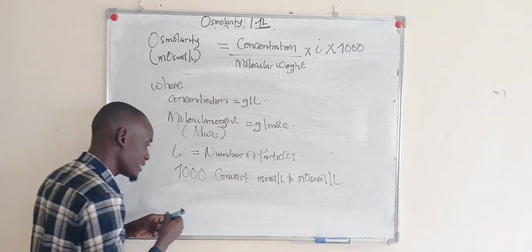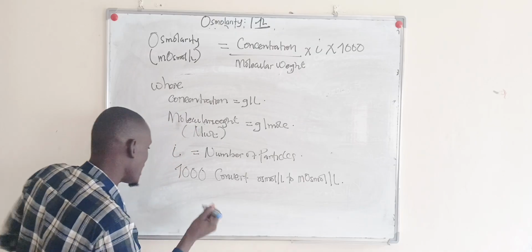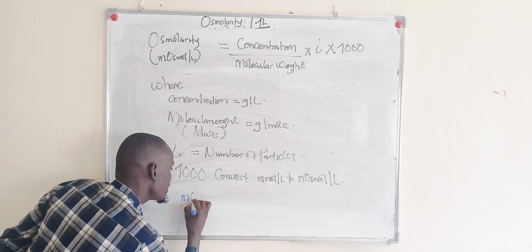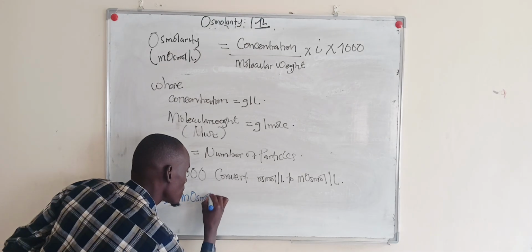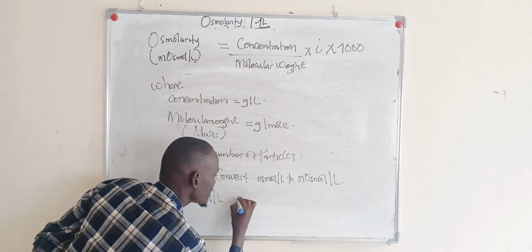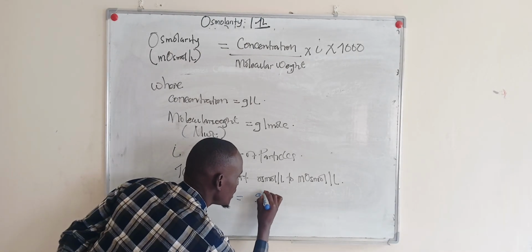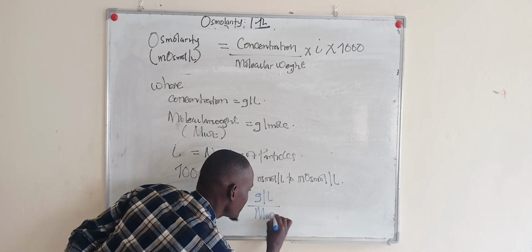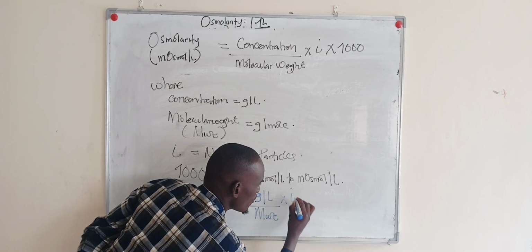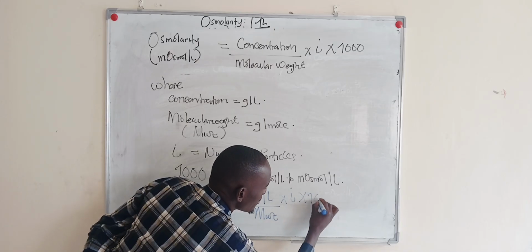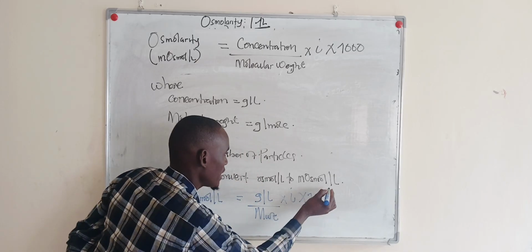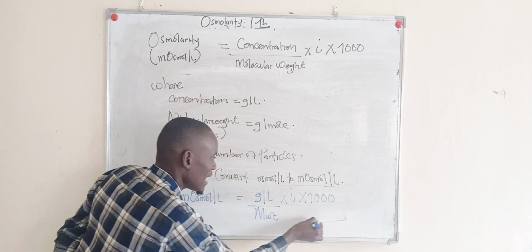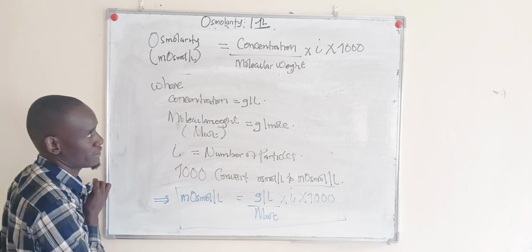So in short, the formula becomes: osmolarity in mOsmol per liter is given by concentration in grams per liter divided by molecular weight, times number of particles, multiplied by 1000. At all times, you should have this formula at your fingertips.